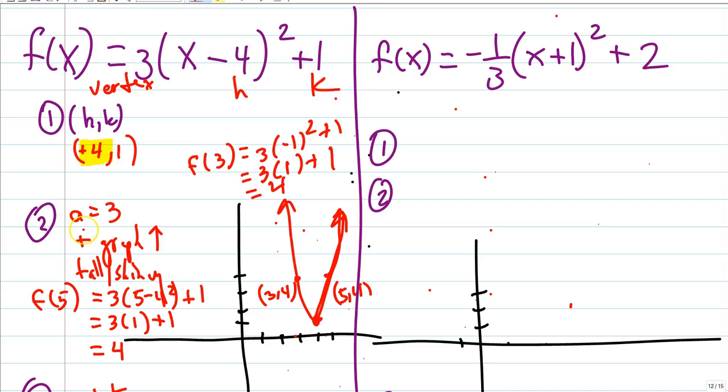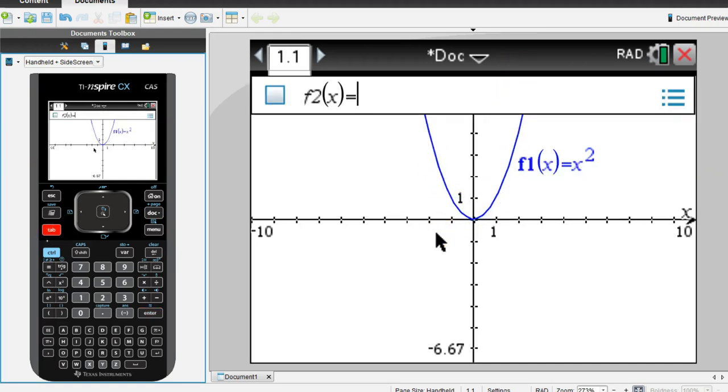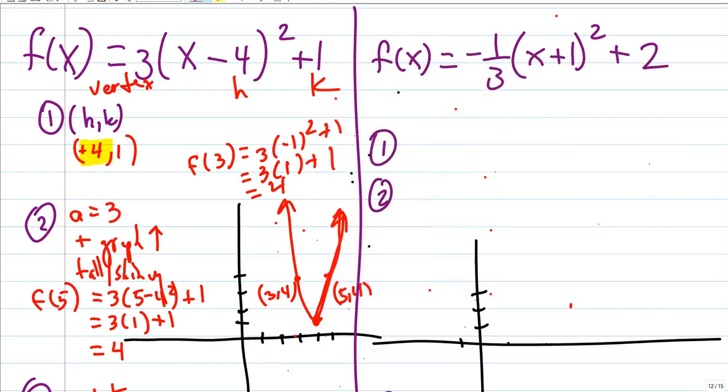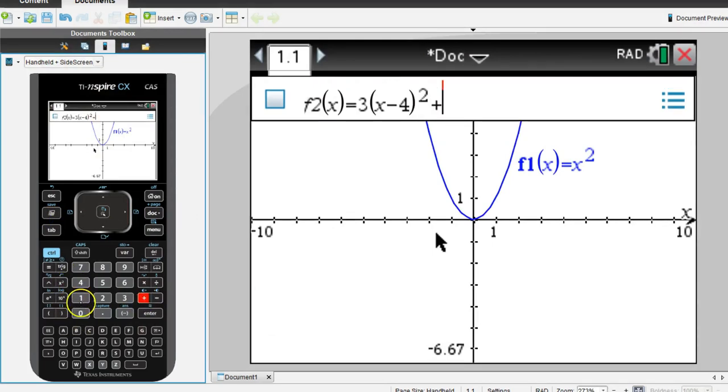Now notice, we knew the graph opened up. We knew it was tall. That kind of showed up here. But that's what we need to see. Let's go ahead and see that in here. Here's the parent graph. And we said, what happens if it is 3 times (x minus 4) squared plus 1?